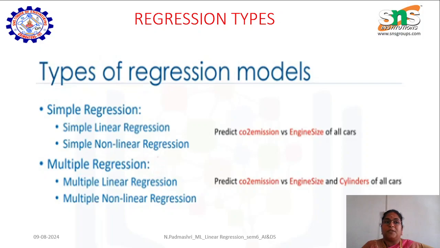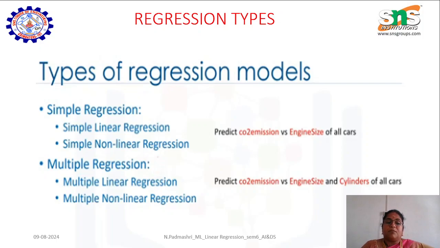I am going to predict the CO2 emission with only one independent variable. What are the independent variables in this example? We have considered engine size, number of cylinders, fuel consumption, etc. So if I predict the value of the dependent variable y with only one independent variable, say engine size, then it is called simple linear regression.